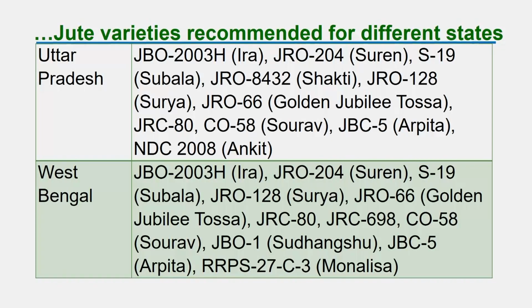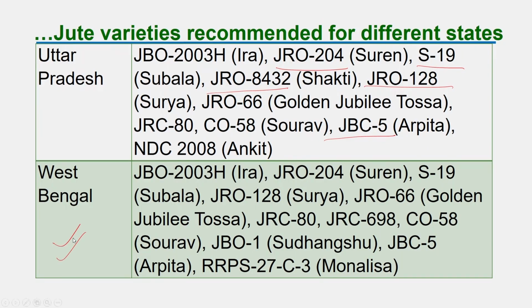And you must be noticing that some of these varieties are common in different states and some are exclusively confined to a particular state. For Uttar Pradesh, in eastern UP, up to some extent jute is cultivated: JBO 2003H, JRO 204, S19, JRO 8432, JRO 128, etc., JBC 5.